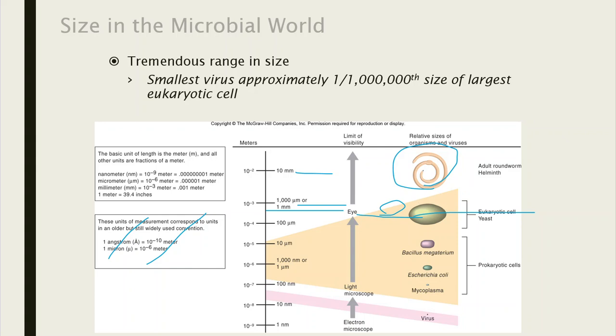Then you go into the smaller ones, and there's the micrometer, and down there's the nanometer, which is a billionth of a meter. Some of the viruses are down there. And if you notice, that range right there is the range for our microscope. We cannot look at viruses under a light microscope.